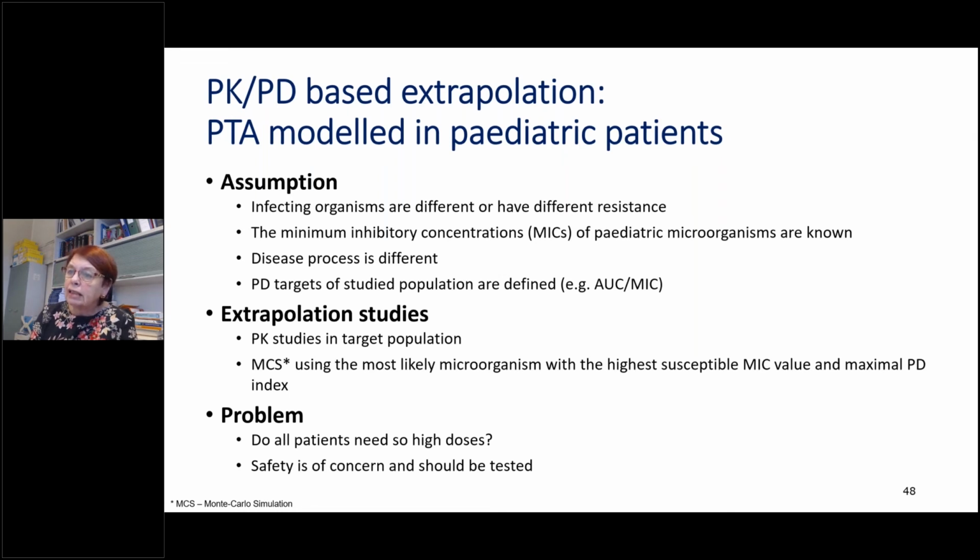You assume that the disease process is very different, and as I already mentioned, neonates, who are immunotolerant, may require higher antibiotic concentrations because their immune system doesn't work as well as it does in adults. And you assume that you know the PD targets, which are either AUC above MIC, time above MIC, or Cmax above MIC, so you know all those PD targets very well.